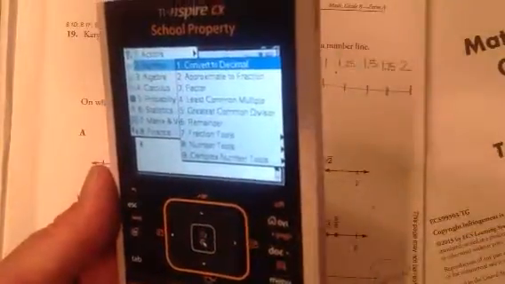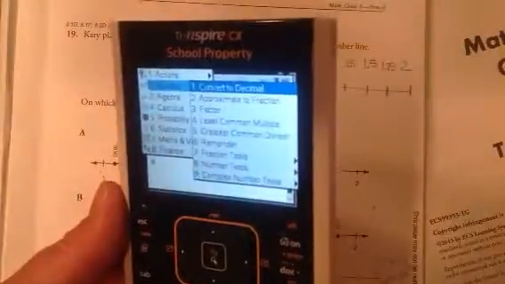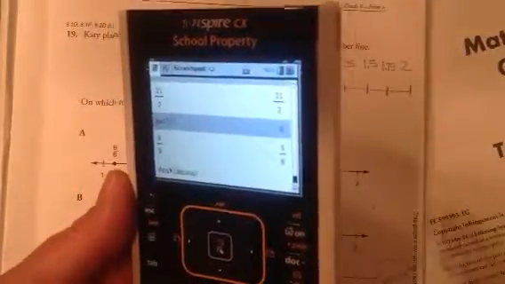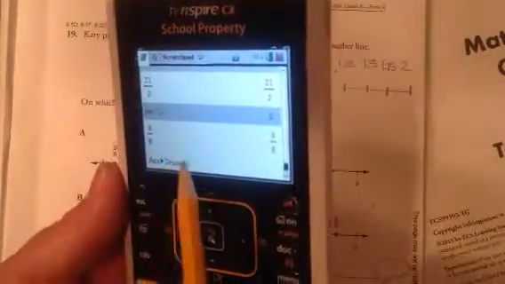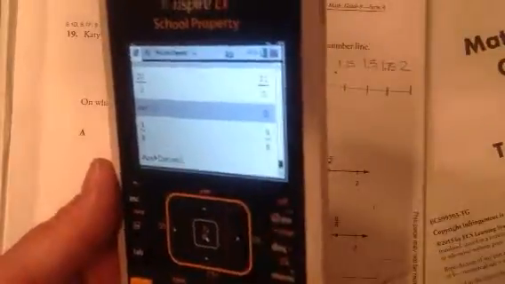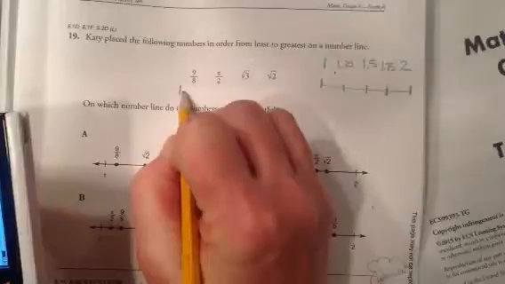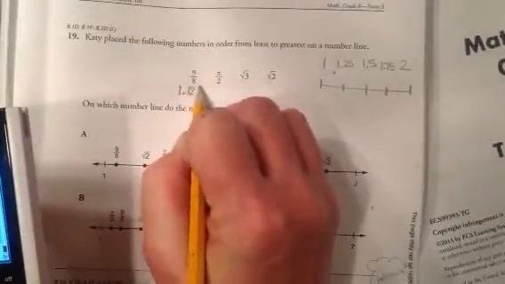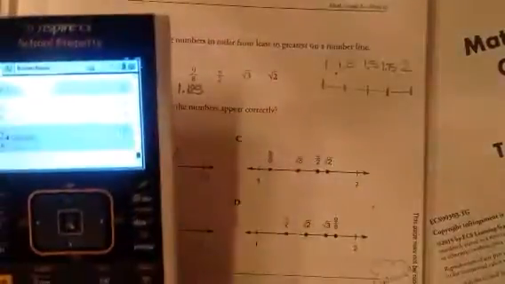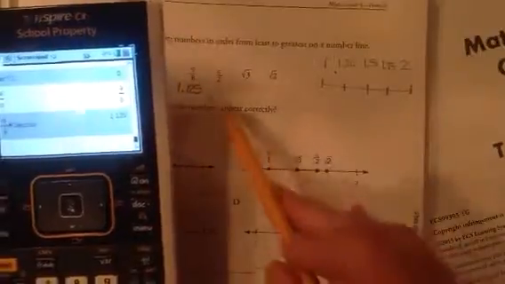So it is menu 2-1, menu 2-1. Don't forget to press enter, which gives us 1 and 125 thousandths. All right, I've got one number.